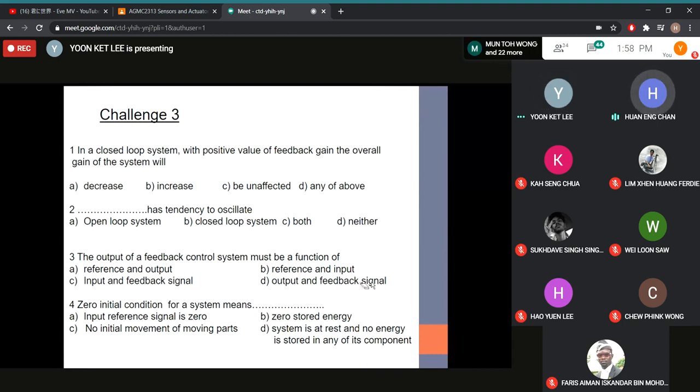Output and feedback. Reference and output. What is the difference between output and the feedback signal?